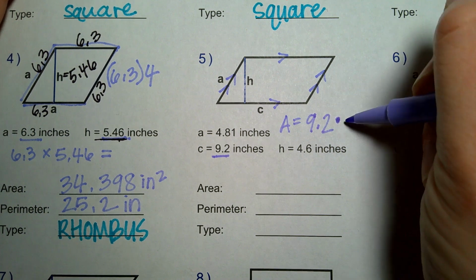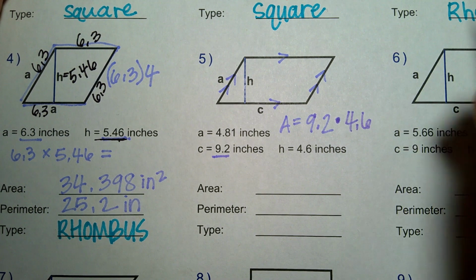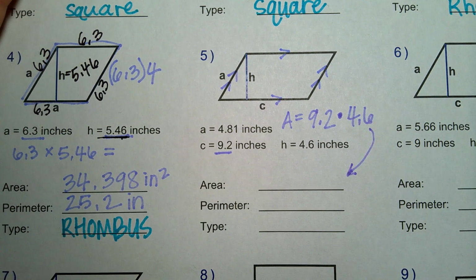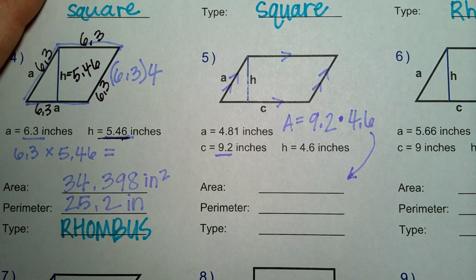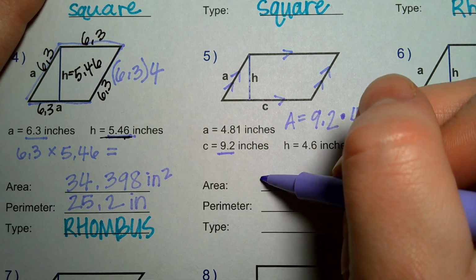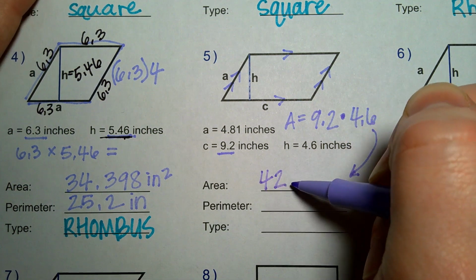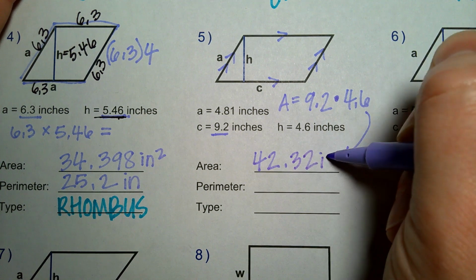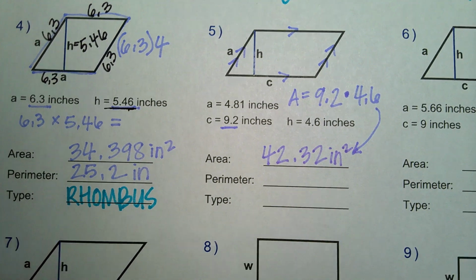Perfect. And what is that going to give us? 42.32 inches squared. Awesome.